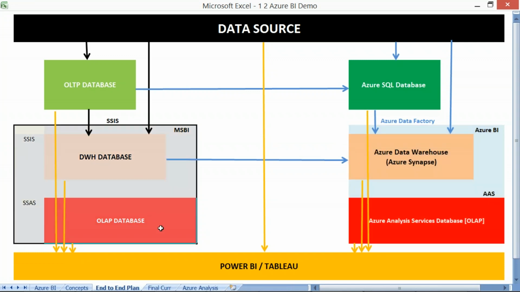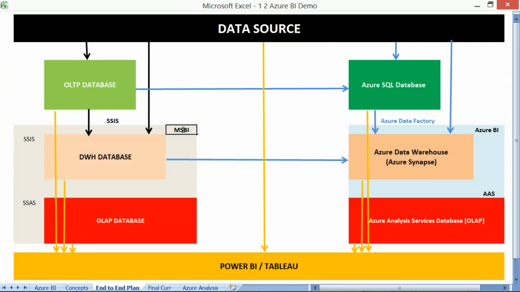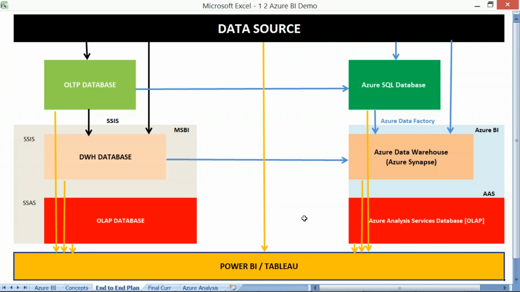Traditional MS BI, SAP BI, or OBI, Oracle BI, are involved in design of warehouse and OLAP. Our Azure BI is more into Azure warehouse, Synapse, and Azure Analysis Services, and eventually getting into the reporting environment.